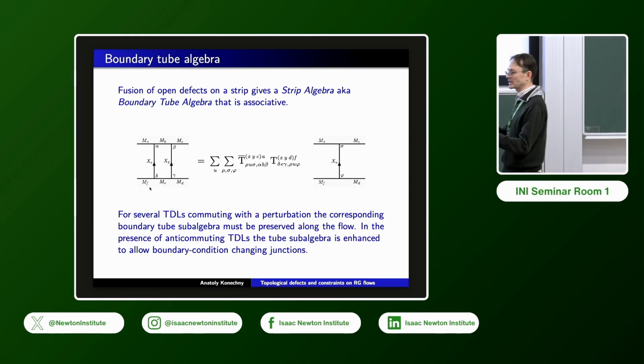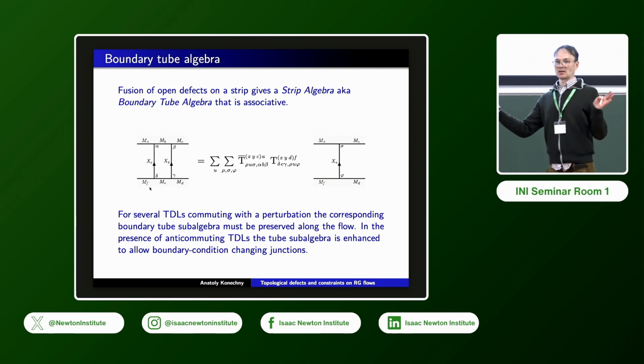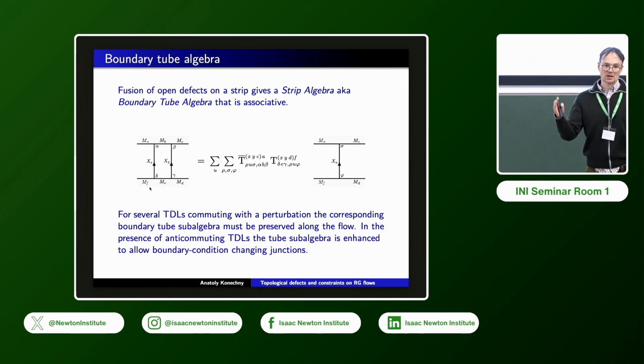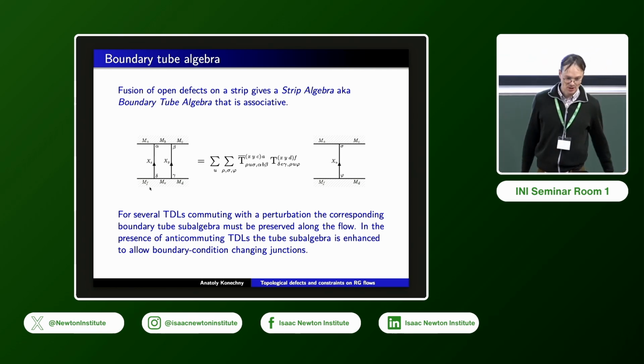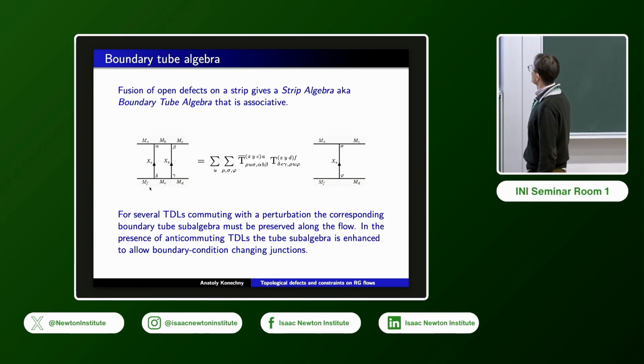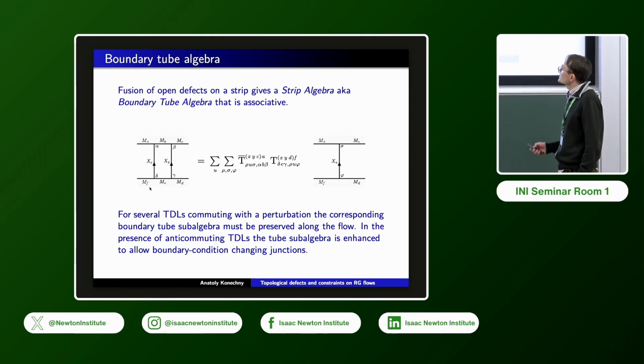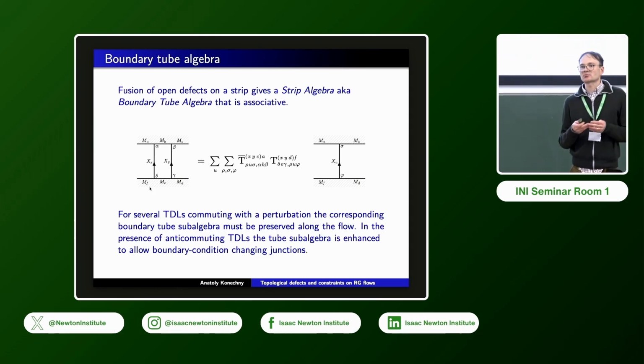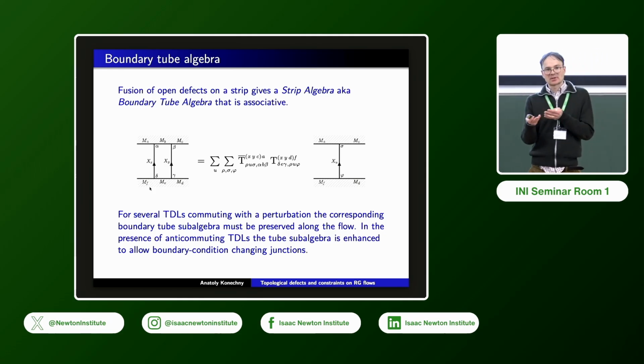You can think of it as replacing the ring of just fusing bulk topological lines. Being finitely generated, this associative algebra just breaks up into a direct sum of matrix algebras, where each direct summand corresponds to an irreducible representation.